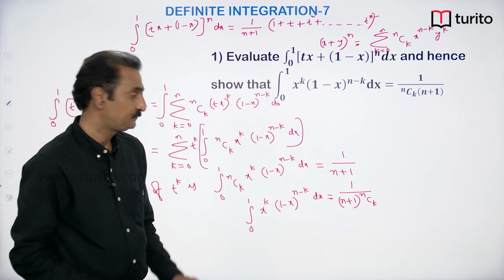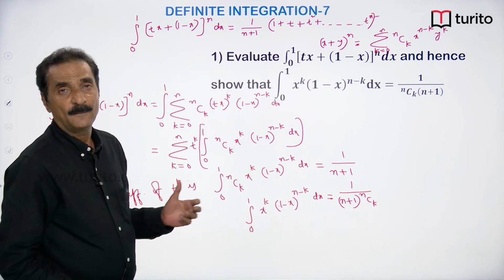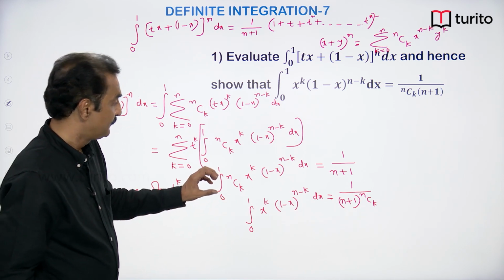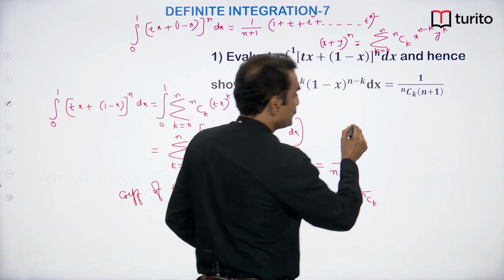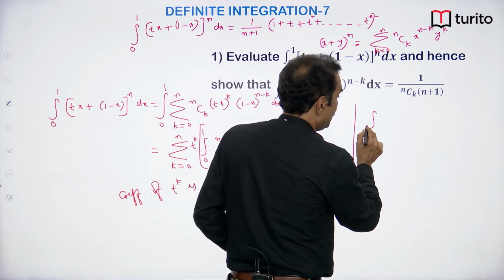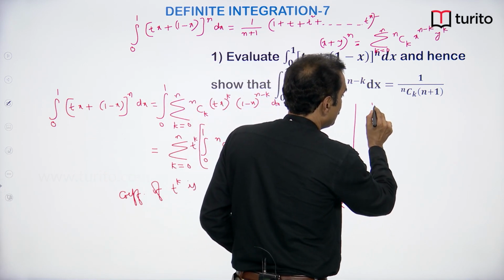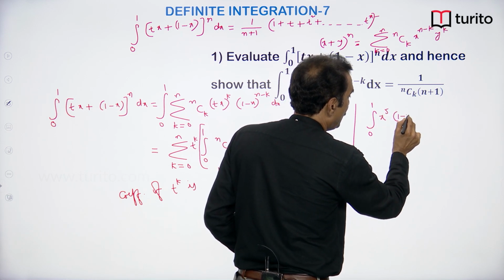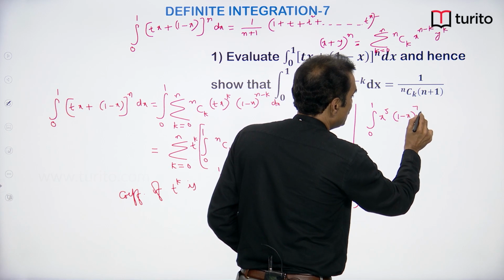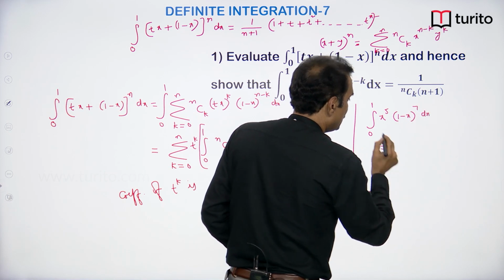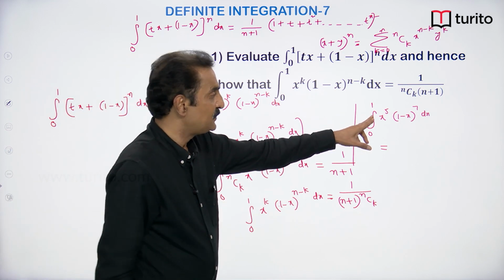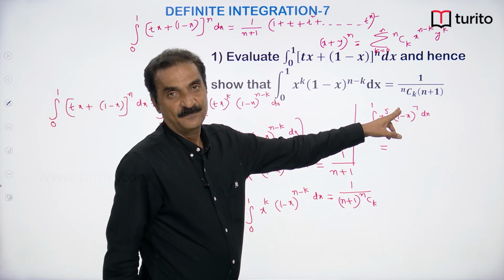Now, for example, we have a question: integral 0 to 1 x power 5 into (1 minus x) whole power 7. Then immediately you take k is equal to 5, then n will be 12.